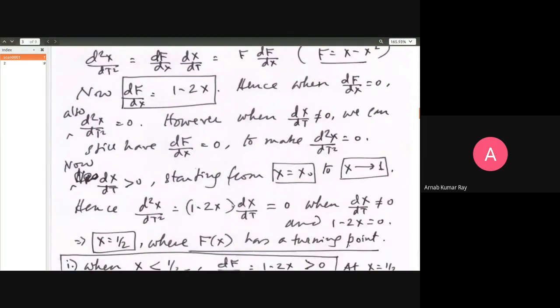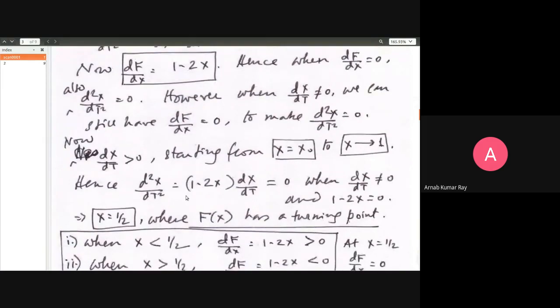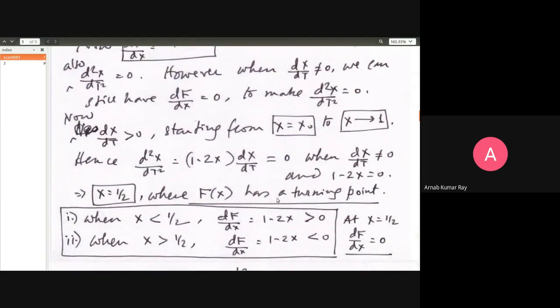So basically then, if dx/dt is a positive number, 1 minus 2x must be equal to 0 when d2x/dt squared is equal to 0. So that is the condition. 1 minus 2x equal to 0 will give us x equal to half. So when x is equal to half, f(x) has a turning point.